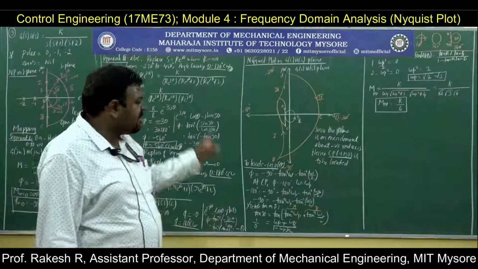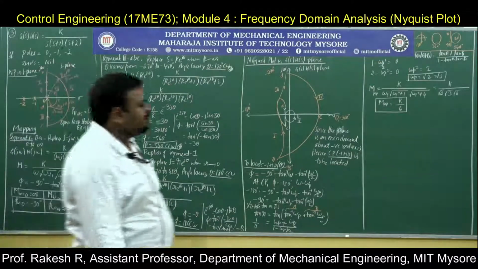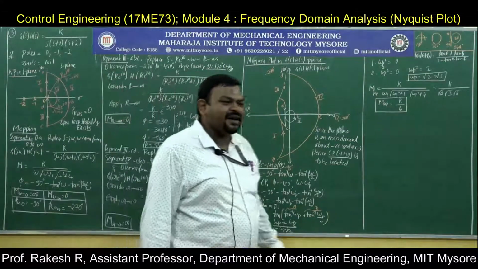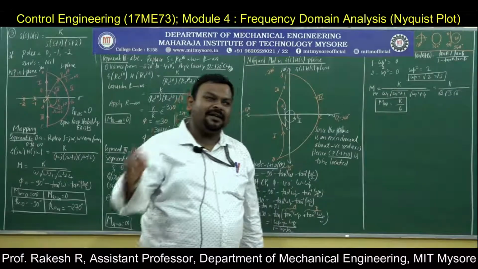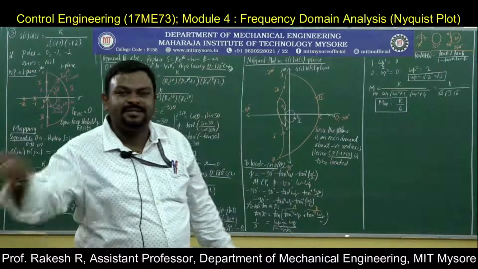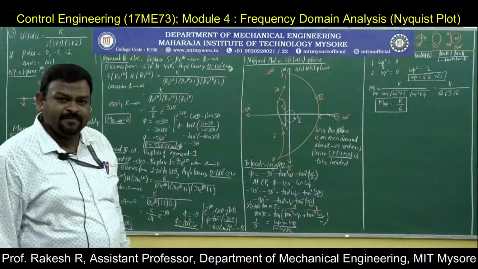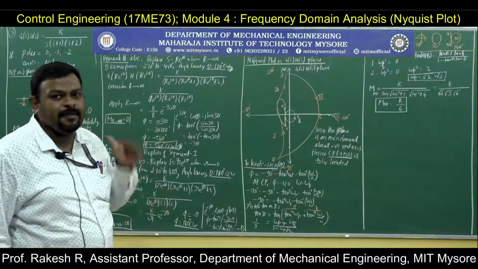Let us assume k is a positive number. If k is equal to 1, the magnitude will be 1 by 6. If k is equal to 10, the magnitude will be 10 by 6. 1 by 6 is less than 1, and 10 by 6 is greater than 1. How will you conclude whether the system is stable or not? This is the challenging part of this problem.